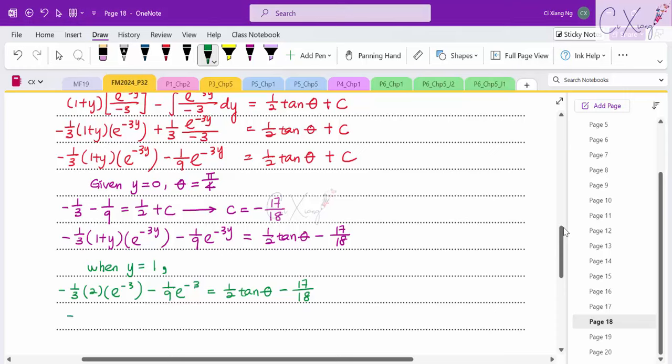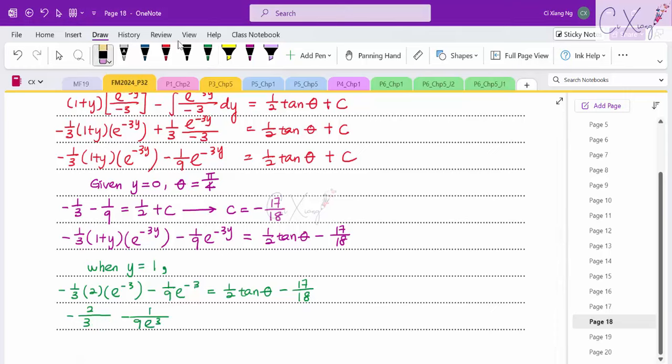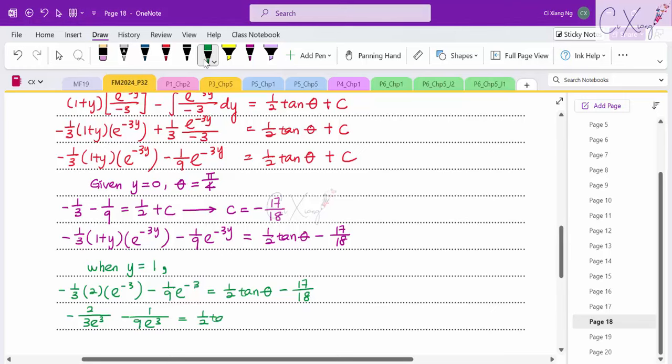So I'm having negative 2 over 3 e power negative 3. Then negative 1 over 9 e power 3. Sorry, after I bring it down, become the numerator, denominator, it should be having positive power, so e power 3. So negative 1 over 9 e power 3 as well. That equals to half tangent theta minus 17 over 18.